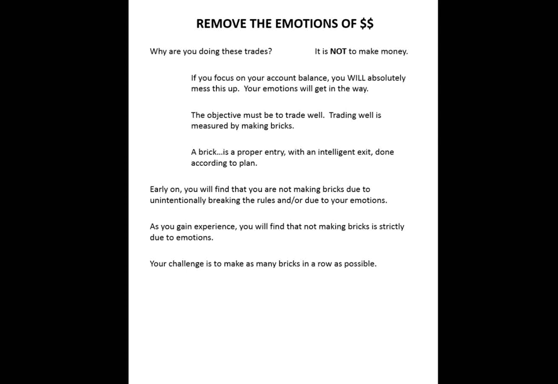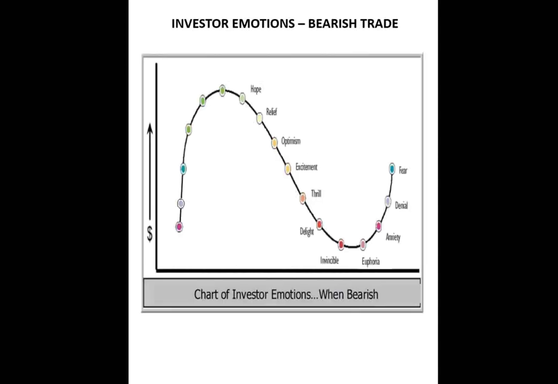Yeah, I have a quick question, please. For the bearish, where do you suggest we get out, from hope to invincible or delight? For bearish, you're getting in at hope, and you're going to get anywhere between relief all the way down to invincible euphoria.